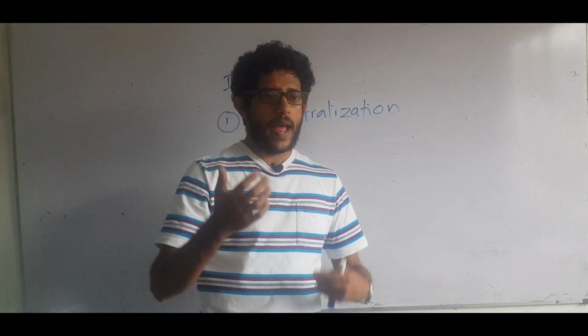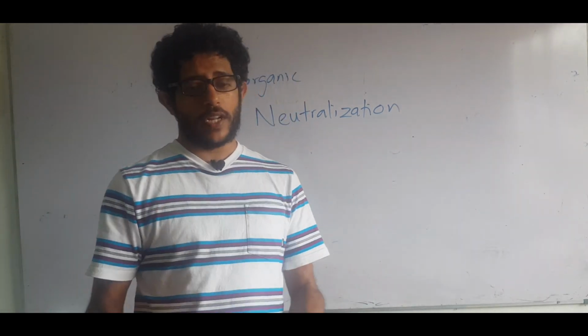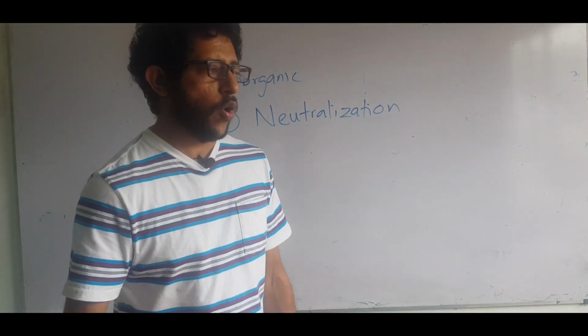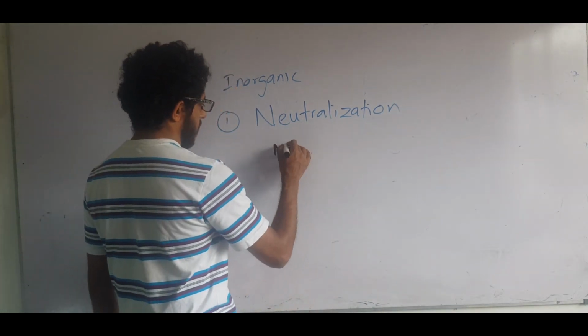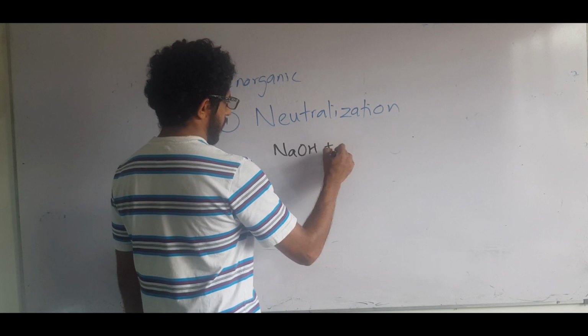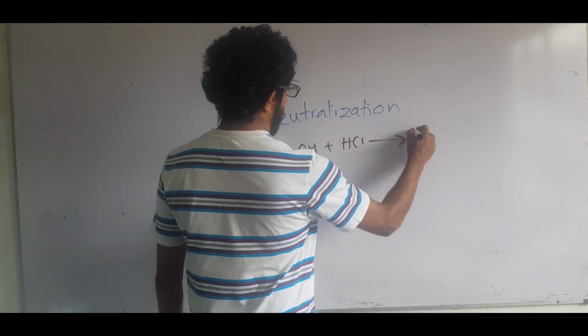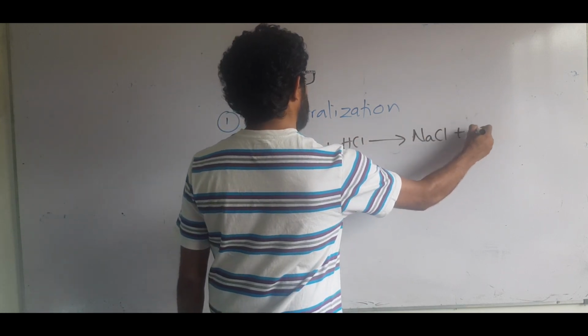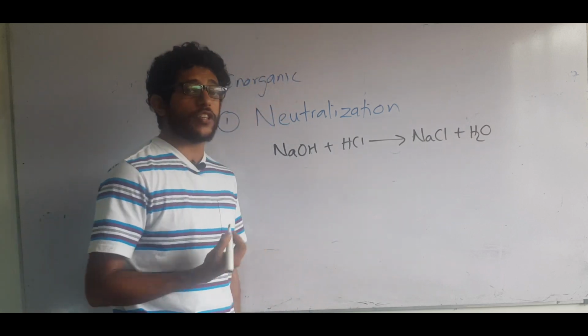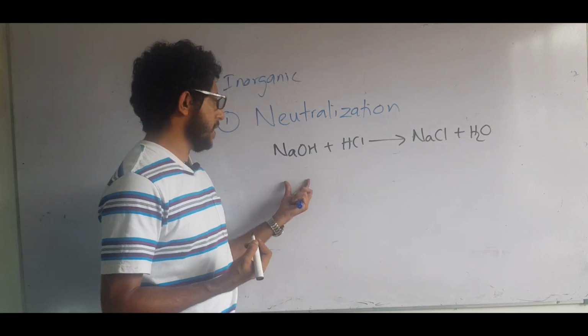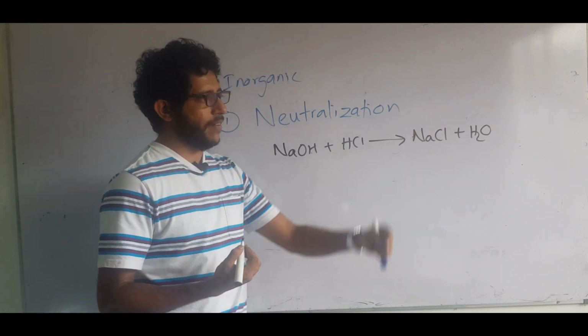But if the acid and base are in a solid state, sometimes you might not produce water. Now, a common reaction is NaOH with HCl. You get NaCl and H2O, and we call this a neutralization reaction. Acid reacts with base to produce salt and water.